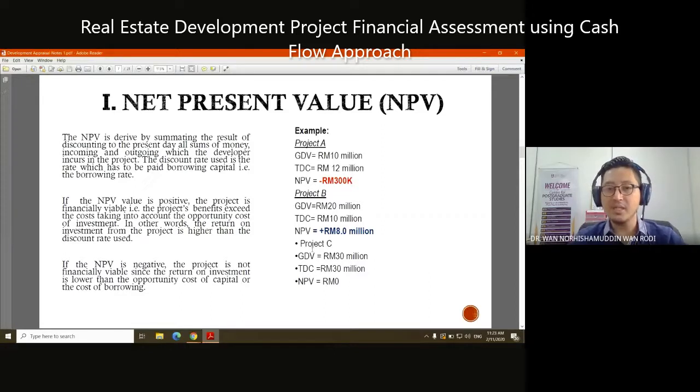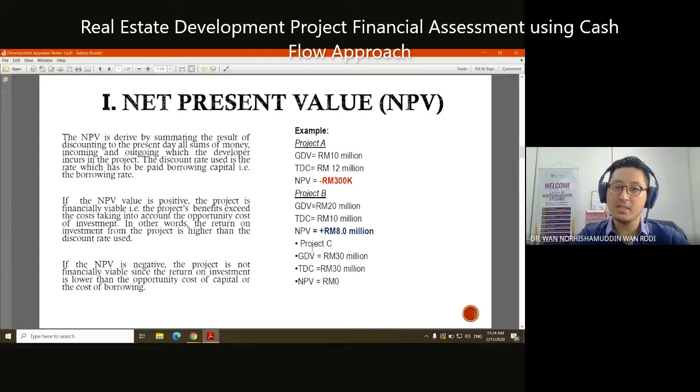Okay, project C. Apart from project A and project B, we have project C. This is a very unusual project. You get a GDV of 30 million, and you calculate the TDC is 30 million. This is just an example. And then you will get a net present value of 0, no gain, no loss.